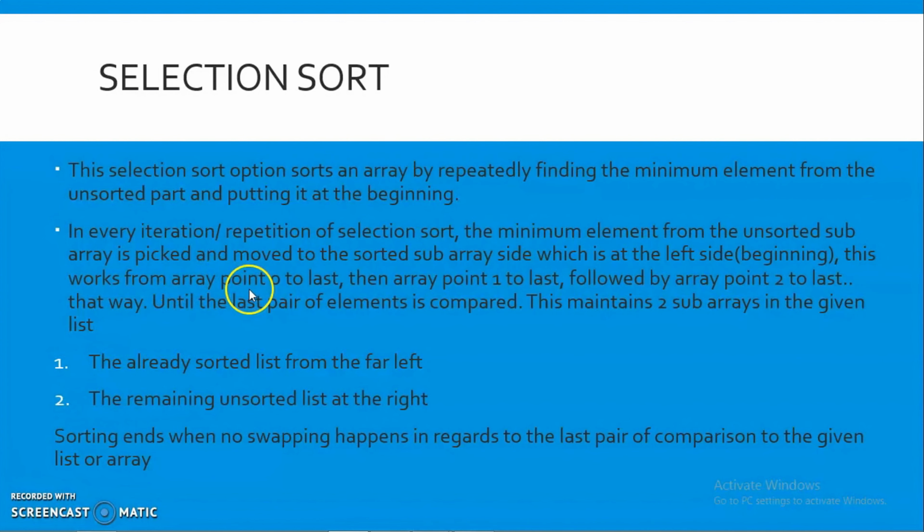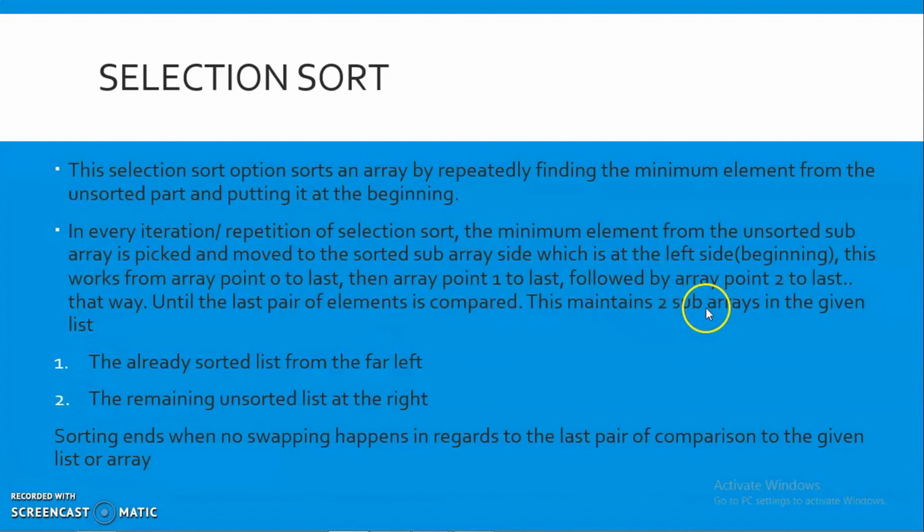This works by comparing array points from array point 0 to the last, picks the smallest, then array point 1 to the last, picks the smallest, then array point 2 to the last, that way, until you are comparing the last pair of elements in a given list.